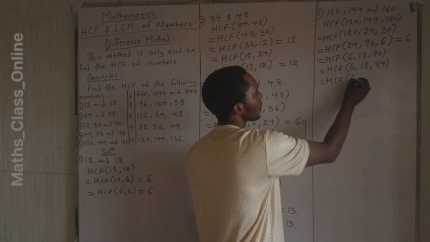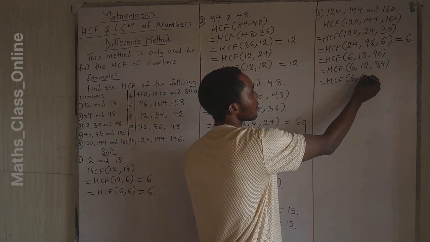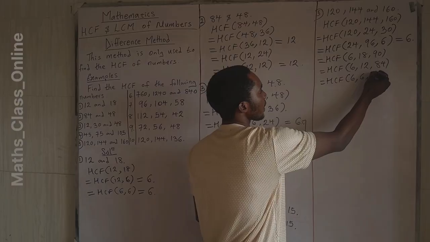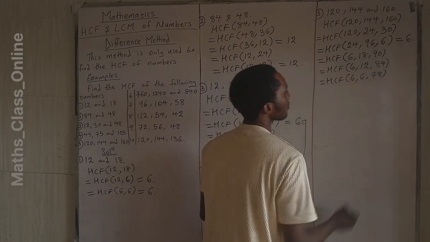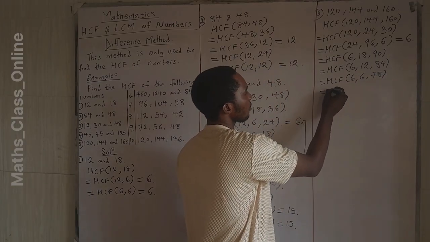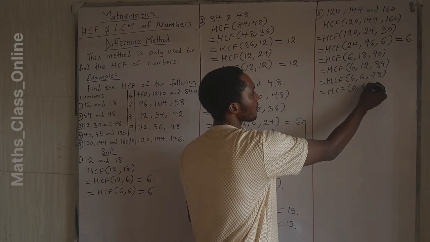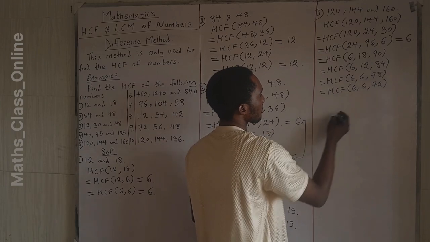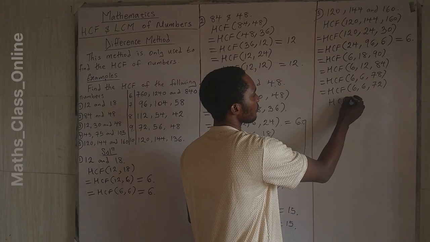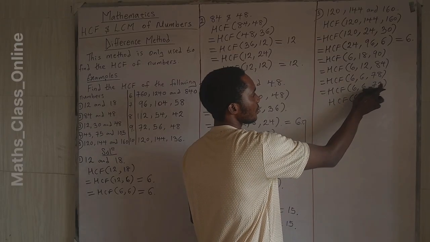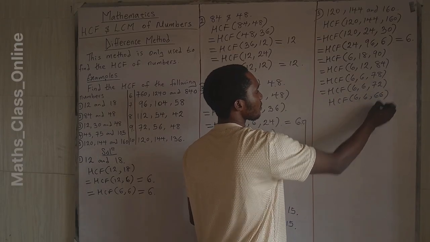HCF 6. 12 minus 6, 6. 84 minus 6, 78. And this is also equal to HCF of 6, 6. 78 minus 6, 72. HCF of 6, 6. That is 66.